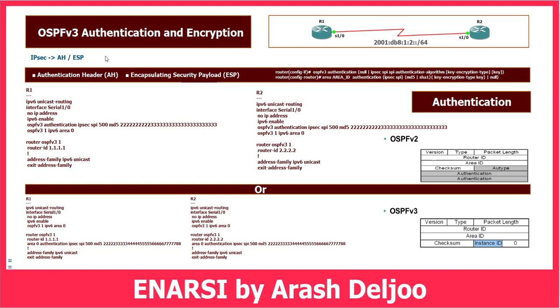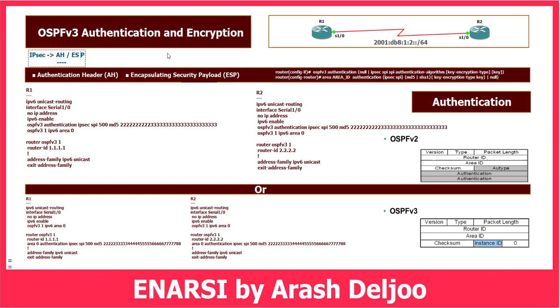Let me show you each of them. It is a little beyond the scope of this class, but it is informative. Look at here. Here I wrote the configuration that we need for enabling the authentication header. First, I'm going to show you how we can use IPsec with the authentication header to authenticate router 1 for router 2 and router 2 for router 1. After that, in the next scenario, I will show you ESP.